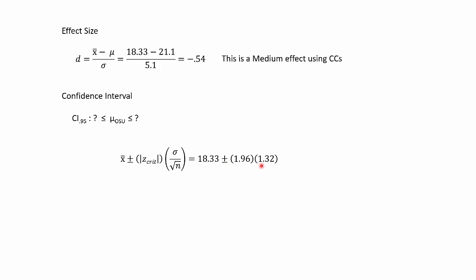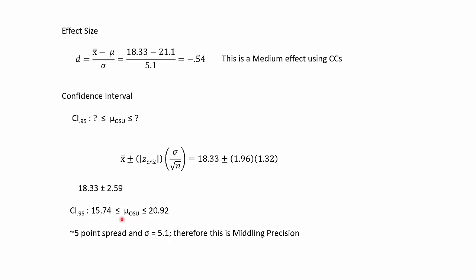So you can just take that right from the denominator, from the previous formula, from the Z test. And now you get 18.33 plus or minus 2.59. You work that out finally, and you get 15.74 to 20.92. So I'm 95% confident that this bandwidth falls on or includes the true population mean for the OSU students.